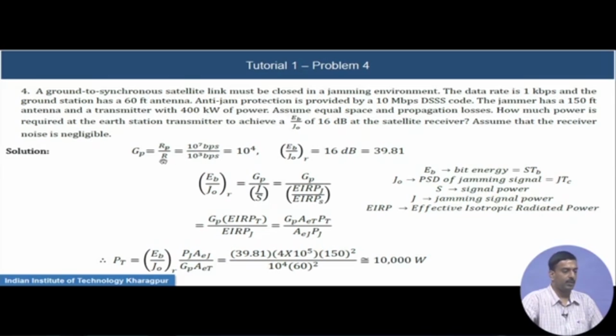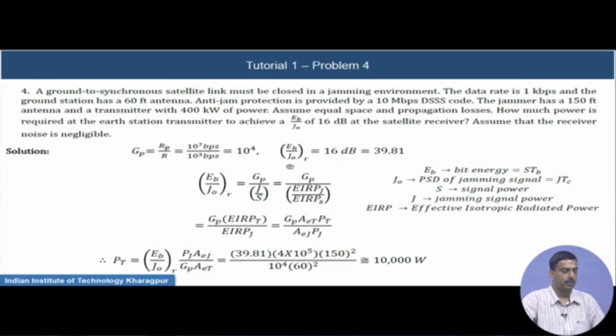So we begin solving this problem by first finding the processing gain, which is the ratio of this pseudo-random sequence rate, which is 10 to the power of 7 bits per second, to the data rate of the transmitter, which is 1 kbps. So we have a processing gain of 10 to the power of 4.